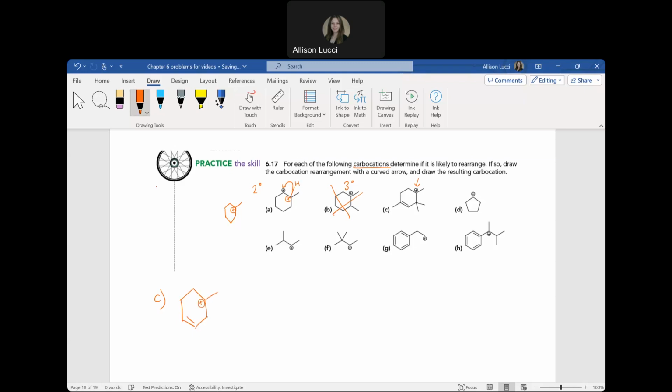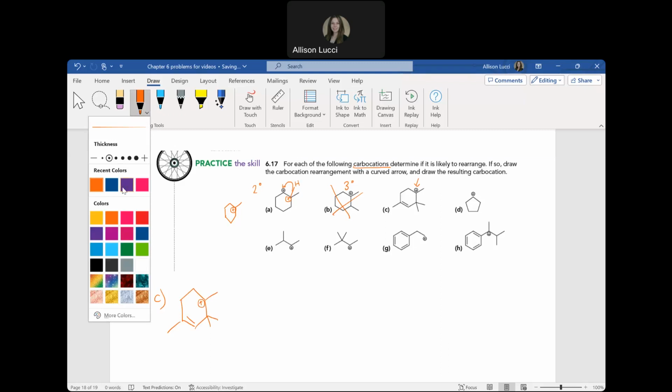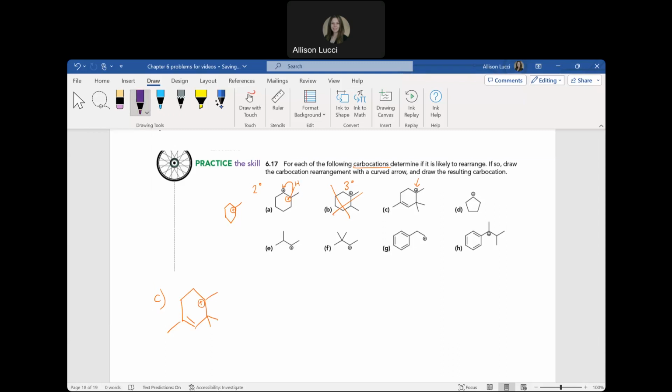We have our carbocation, two methyl groups here, a methyl group there. So this is our tertiary carbocation, and what can result here is a methyl shift. This methyl group here will shift over, and we will end up with a tertiary carbocation here, but let's take a look at what happens.